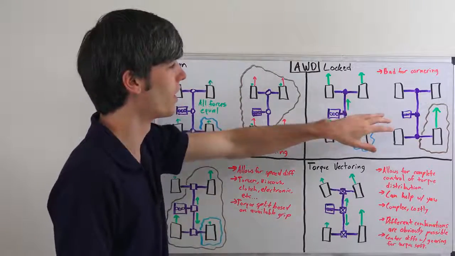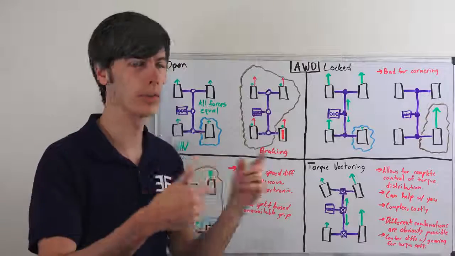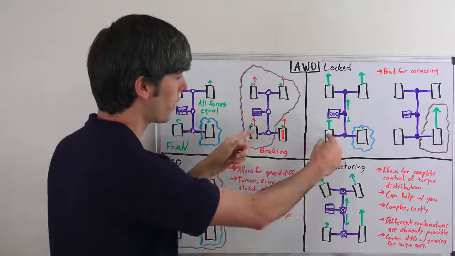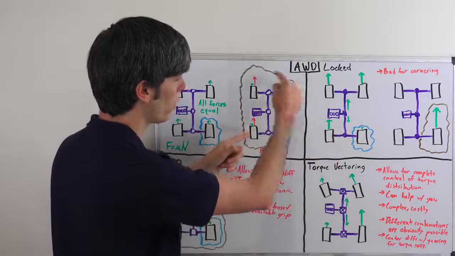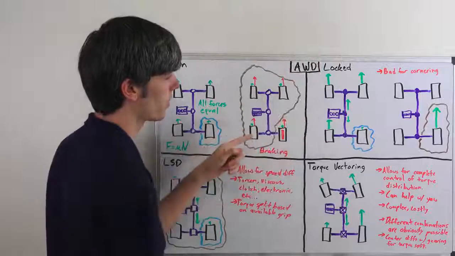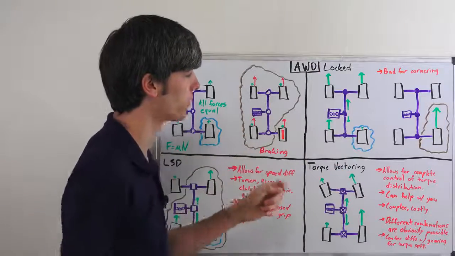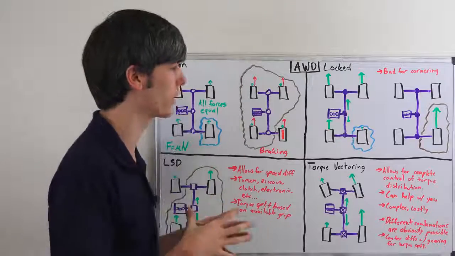The downside is when you go around a corner on a road, all of your wheels are rotating at different speeds because the radius about the corner of which they're rotating is different. So this wheel is going about one radius, this wheel is obviously going about a larger radius in a left-hand turn. And so they're going to rotate at different speeds. Well, as I mentioned, a locked differential will not allow for rotating at different speeds.